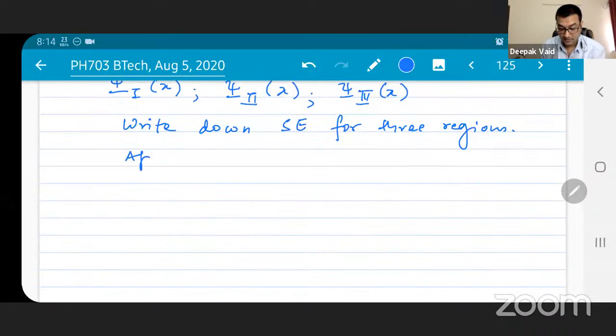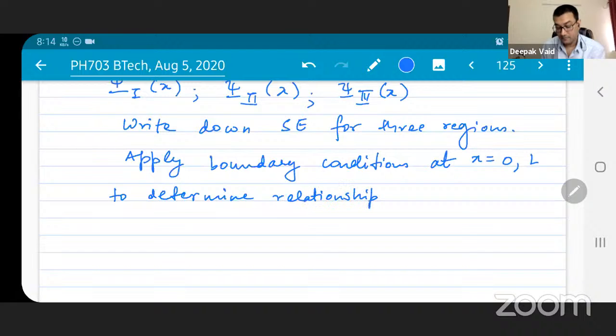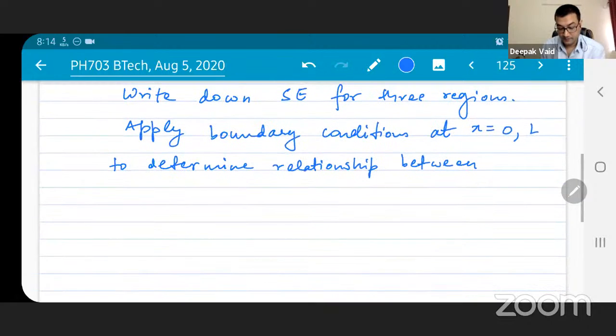Then apply boundary conditions. Where are the boundaries? x equal to 0 and x equal to L. Apply boundary conditions to determine the relationship between the coefficients, right?